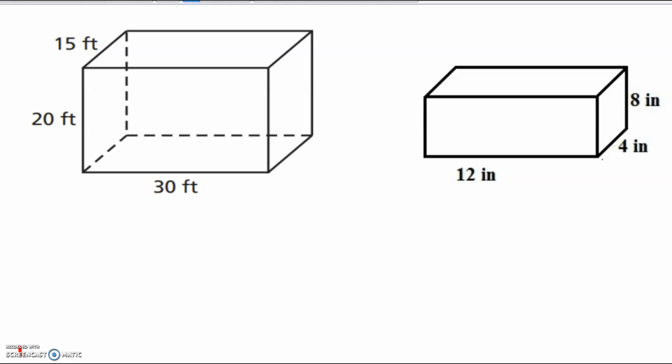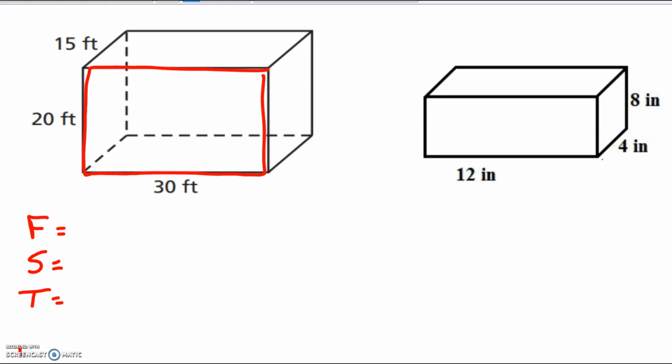So let's take a look at this first box. We're going to first figure out what the front is, then the sides, and then the top and the bottom. So the front and the back, the two sides, and the top and the bottom. The front is this piece right here.